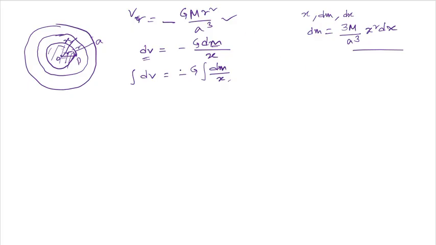And x will vary from r to a, starting from the first outer shell. Now, minus G, I put in the value of dm: integral from r to a of 3M by a cubed x squared dx by x.